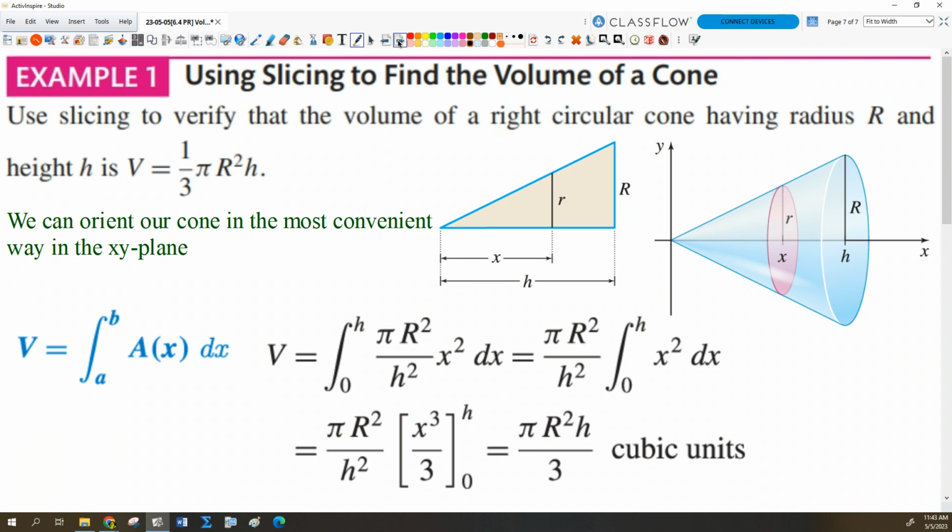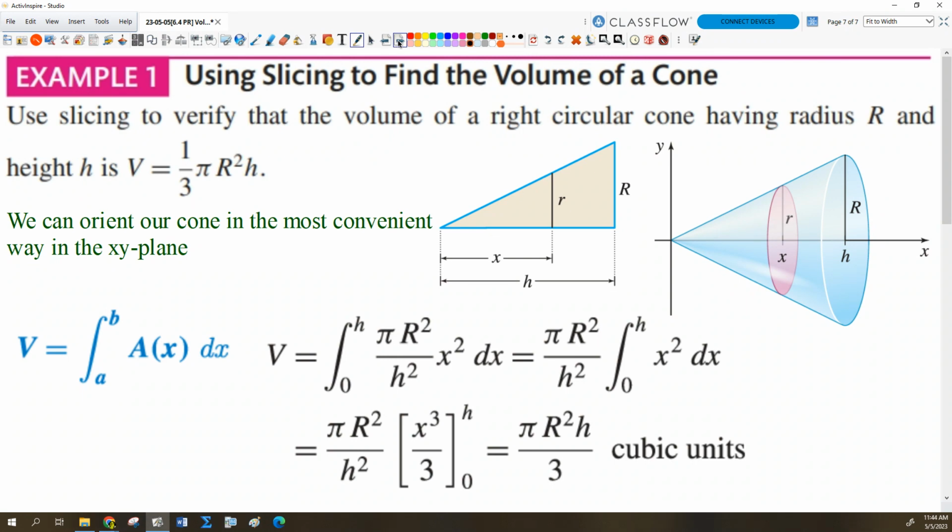Because the cross-sectional area as a function of x is just going to be pi r squared of those circles, right? Okay, and again, if we use similar triangles, well, if the height of our cone is h and the radius of our cone is capital R, then we could just solve for little r.